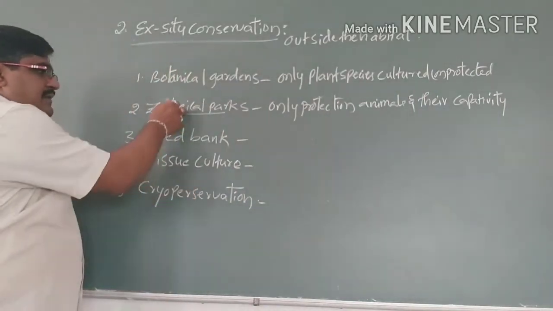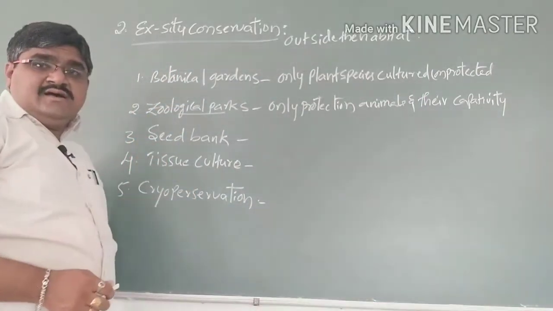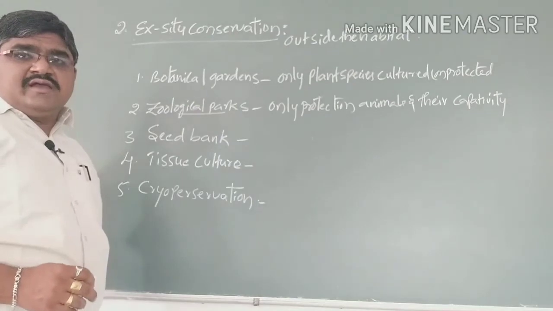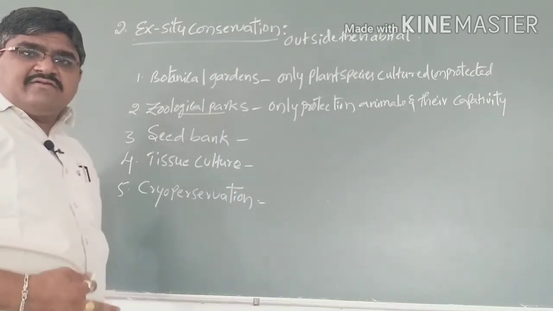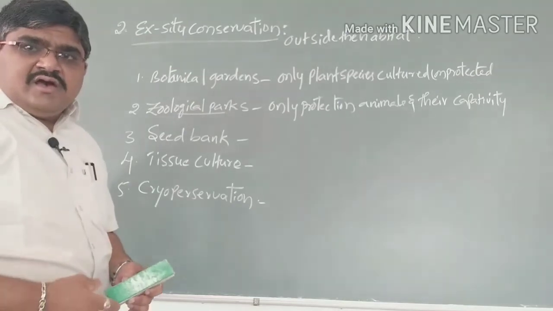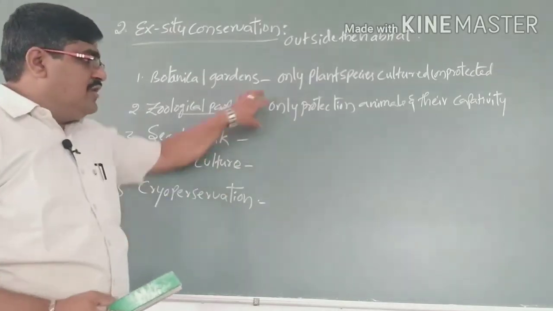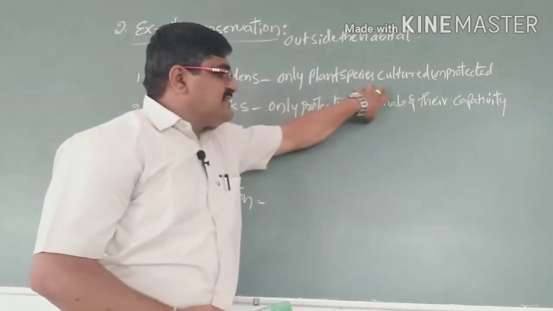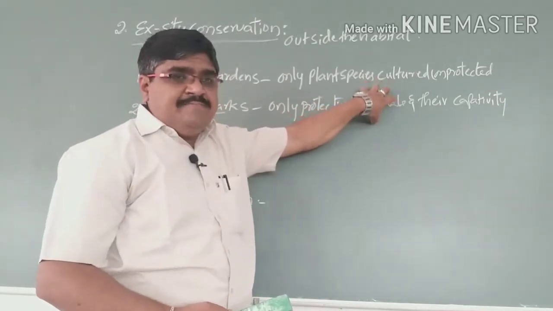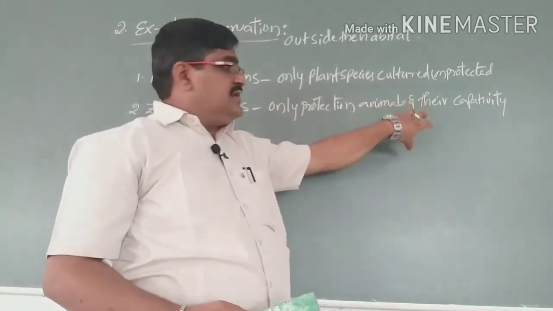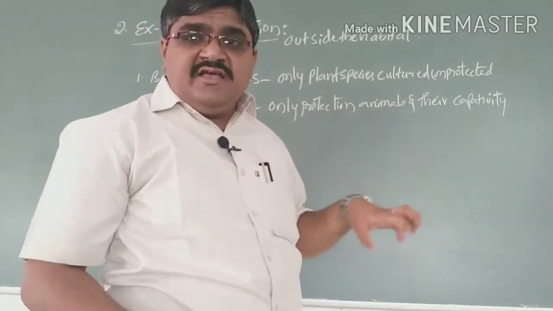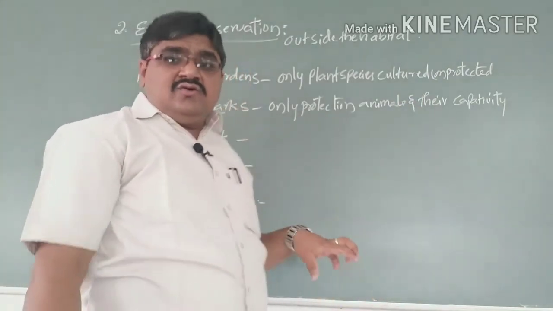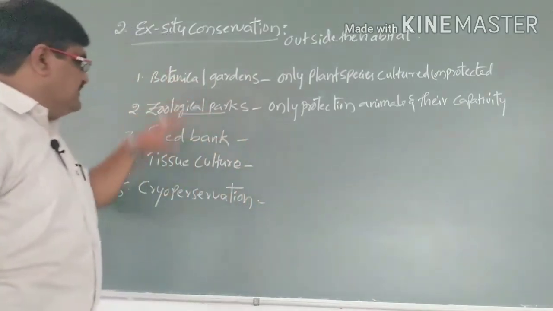So we call them zoological parks. Here, for example, we take Nehru Zoological Park in Hyderabad. Likewise, there are several zoological parks that protect various types of animal species and their captivity. That means breeding also takes place in these places. So they are called zoological parks.